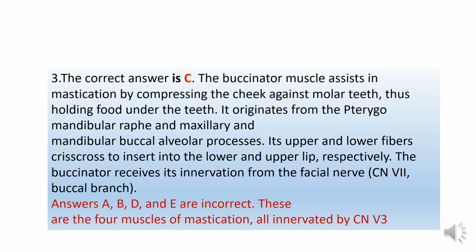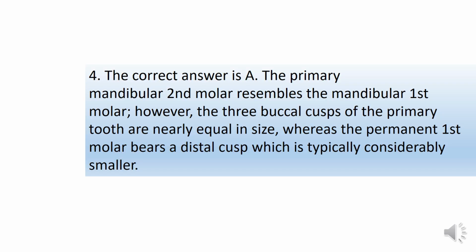All other muscles are innervated by the trigeminal nerve, V3, that is the mandibular nerve. So the answer is the primary mandibular second molar. The primary mandibular second molar resembles the permanent mandibular first molar. So this one is the explanation.